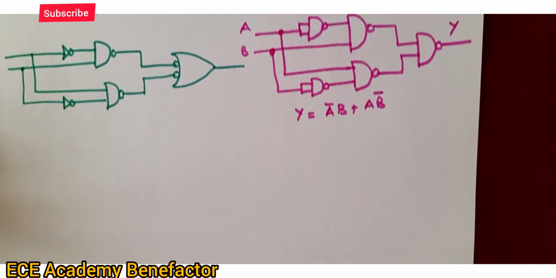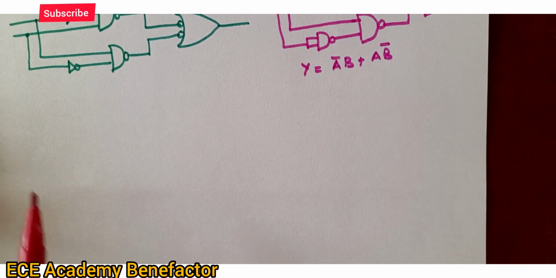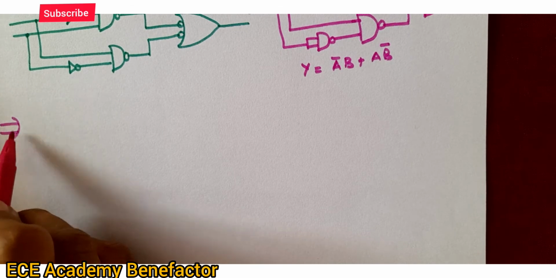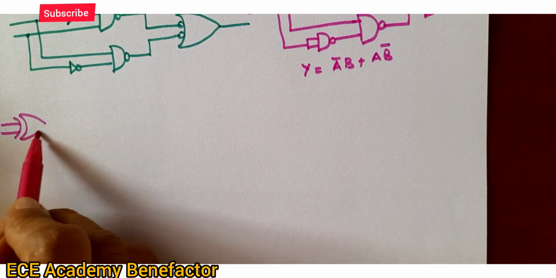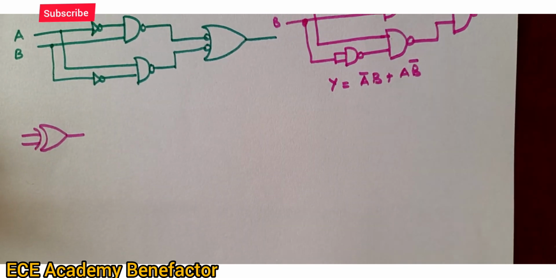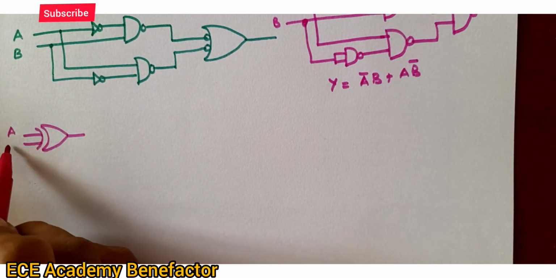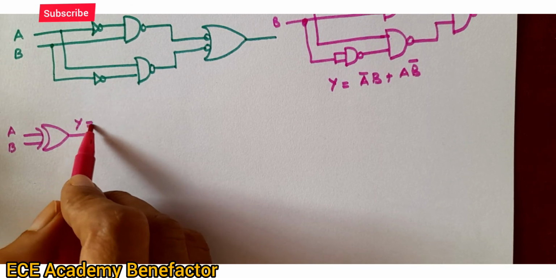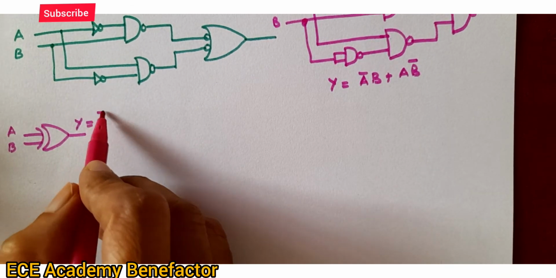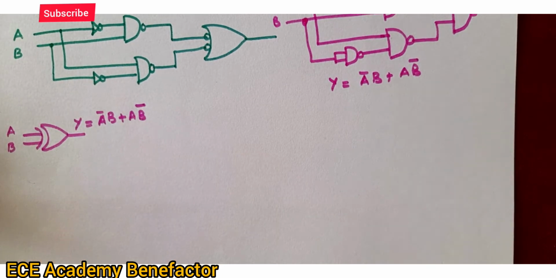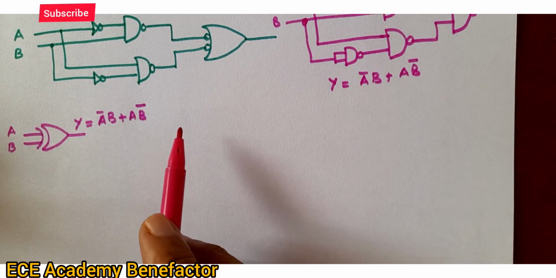So what is the summary of what you have drawn now? You are given an XOR gate. The logic symbol of the XOR gate is this one. Inputs are A and B, output is Y. The expression is A bar B plus A B bar. What you have to draw?